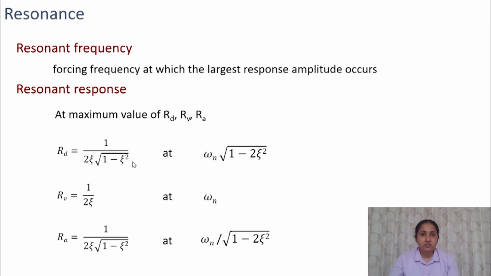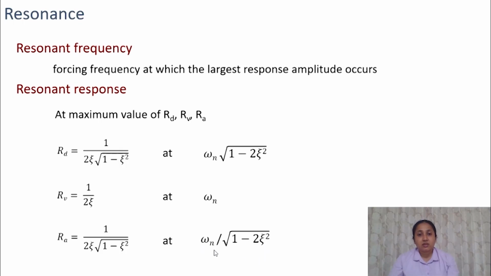Similarly, we can calculate the resonance response for acceleration. At resonance, the acceleration response factor would be equal to 1 by 2 zeta square root of 1 minus zeta square. And this happens when the forcing frequency is equal to omega n divided by square root of 1 minus 2 zeta square.